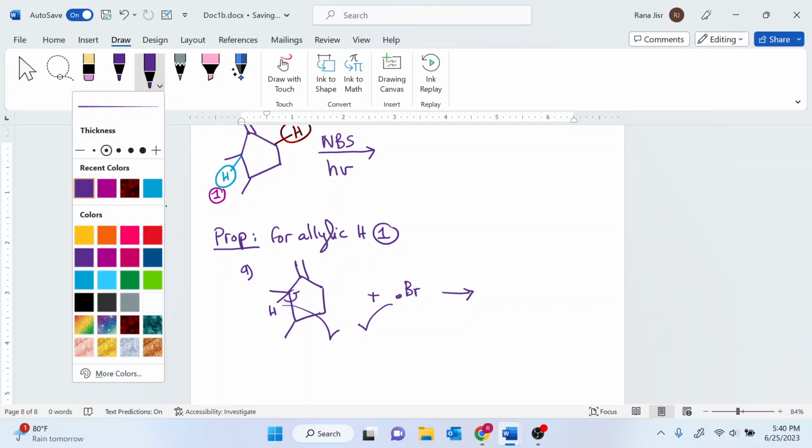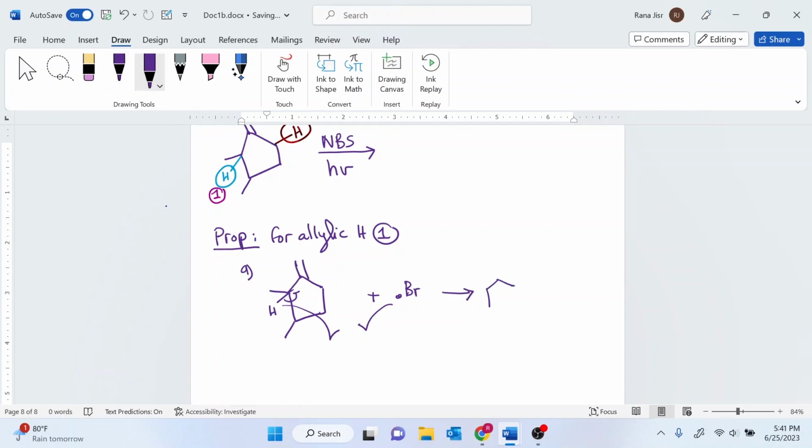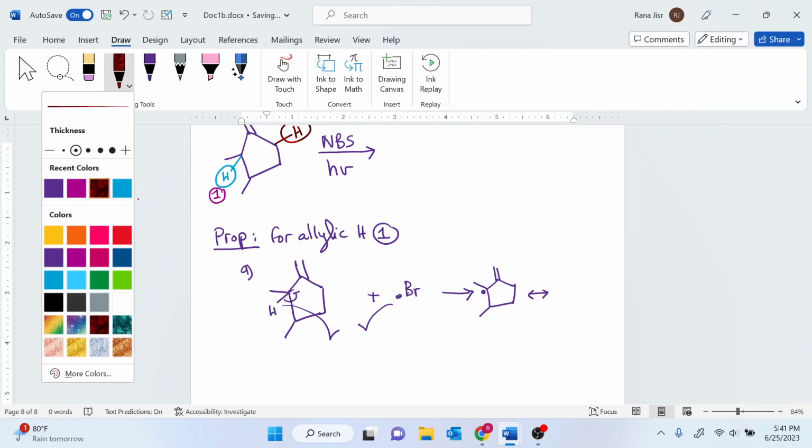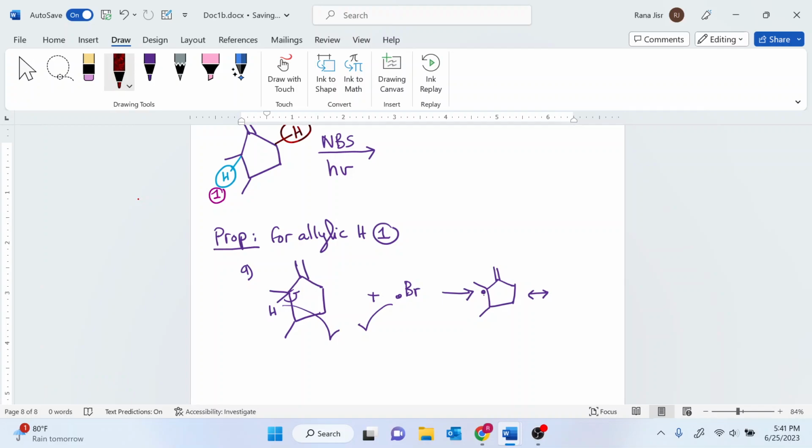Now, this allylic radical is going, of course, to undergo resonance. So you have over here an allylic radical, and there. So the allylic radical is going to undergo resonance. So go ahead and draw all the resonance structures for this allylic system. And always start with the free electron.